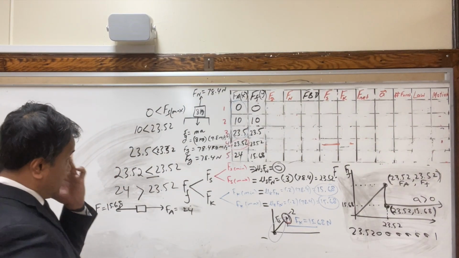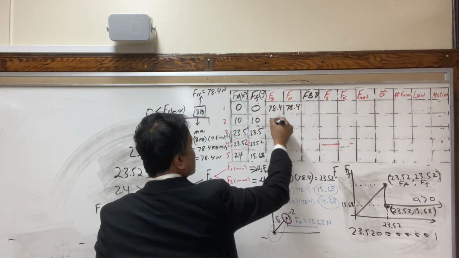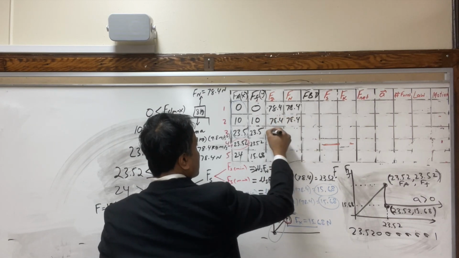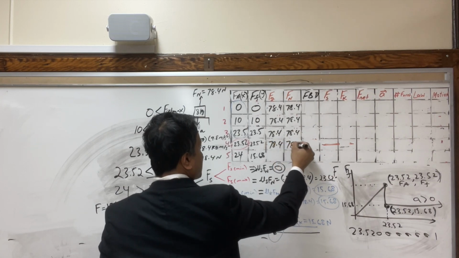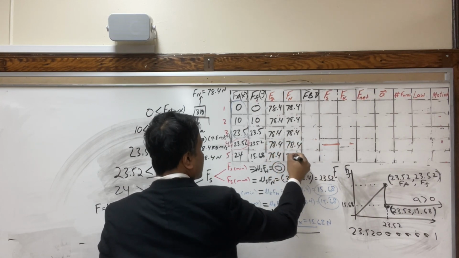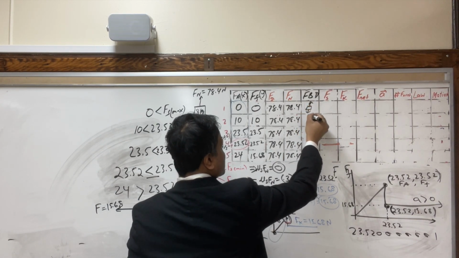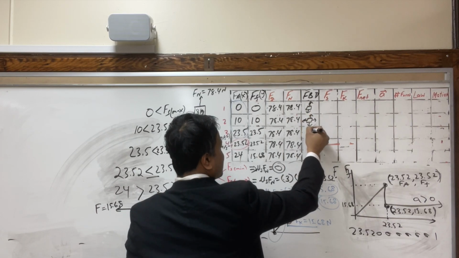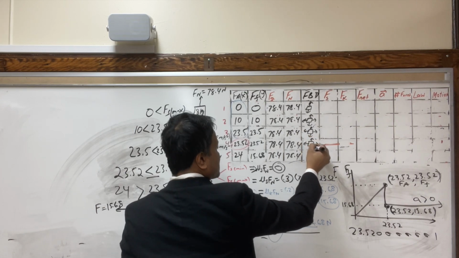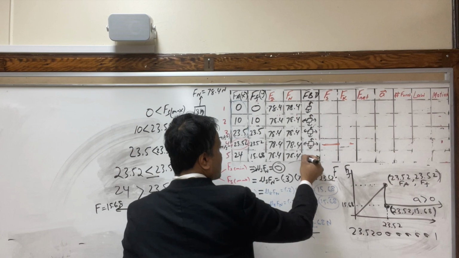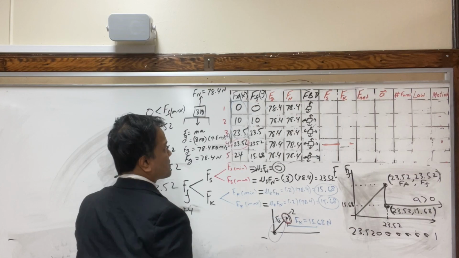Now let's finish this. This is 78.4. FBD: only two vectors, four vectors equal in magnitude and opposite in direction, and four vectors where one is bigger than the other.